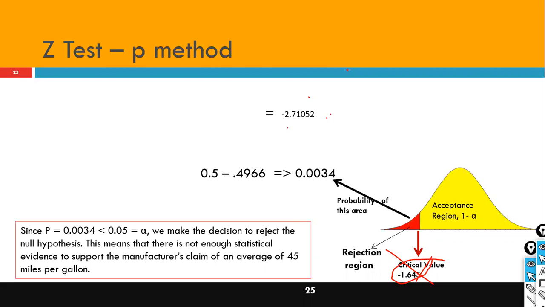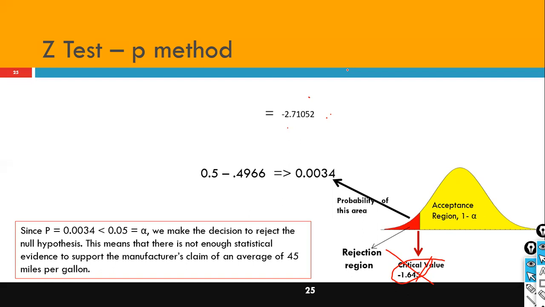That's why I use that goalpost analogy. If the goalpost is very big, the chance of hitting the goal is very high. So in this case, the chance of rejecting the null hypothesis is very high. If the goalpost size is very big, that means if the alpha value is very less, the chance of rejecting the null hypothesis is very high.